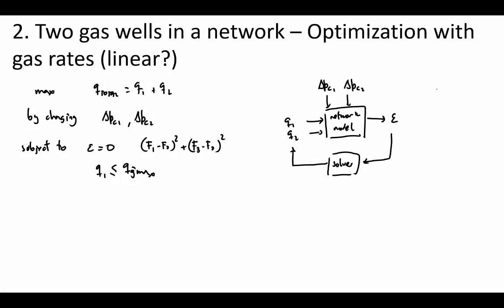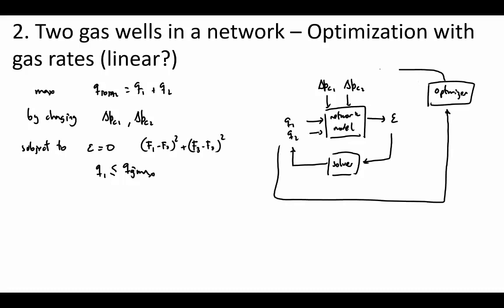On top of that you have the optimizer that is reading these two Q's and then writing the delta P's. But in principle, this is a nonlinear function.